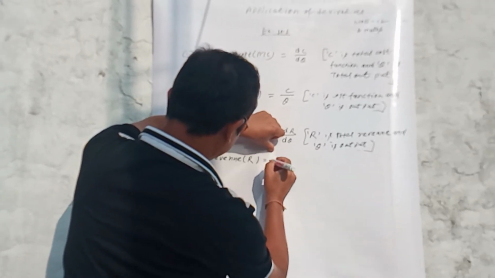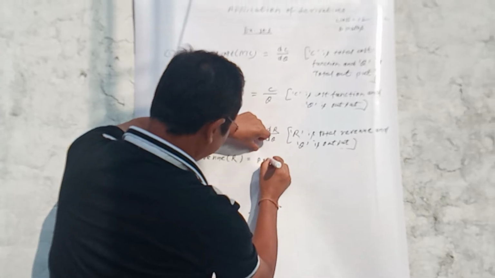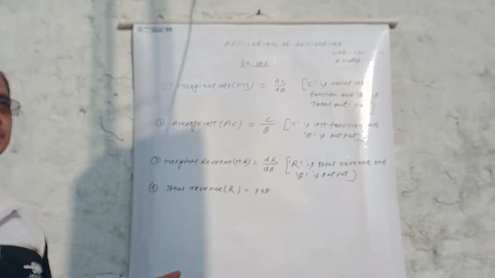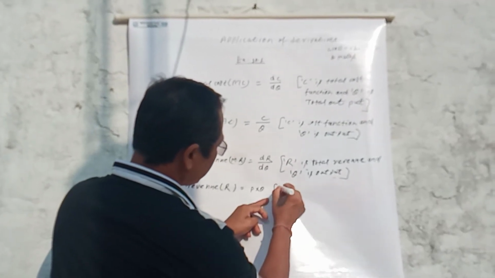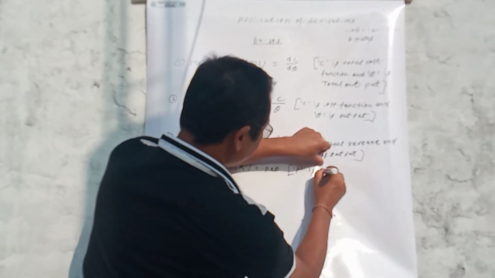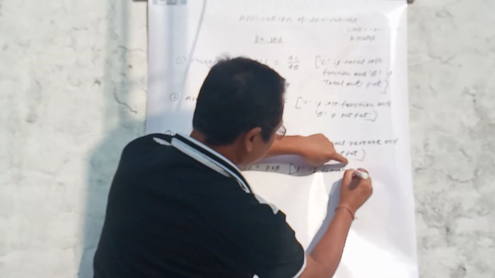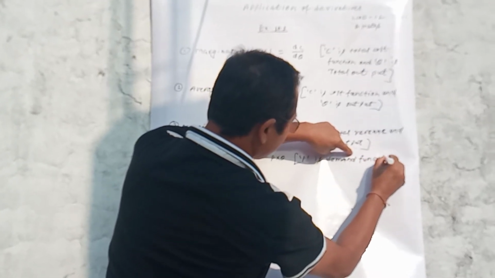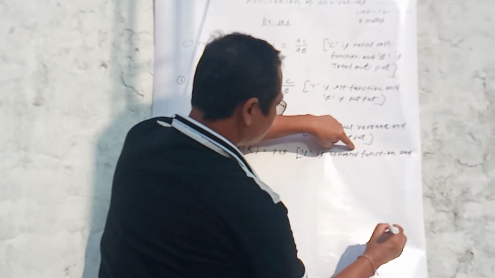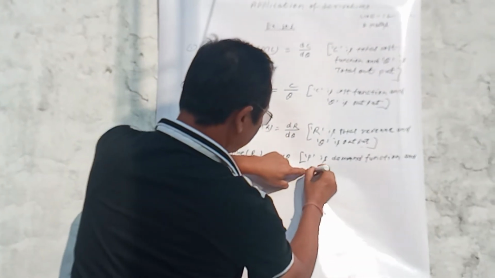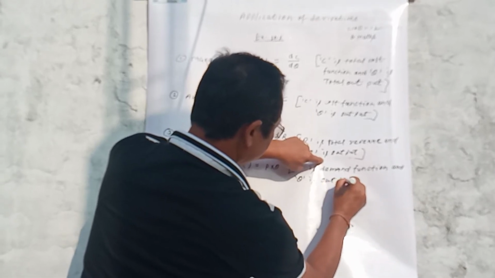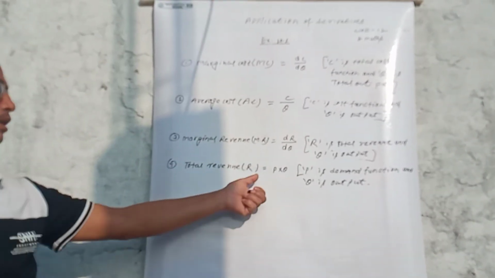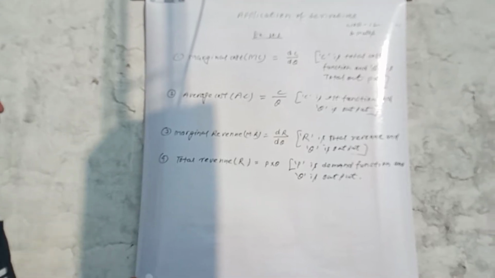That means demand function P into Q. The demand function multiplied by the output, P into Q, where P is the demand function and Q is output. Total revenue R equals P into Q.